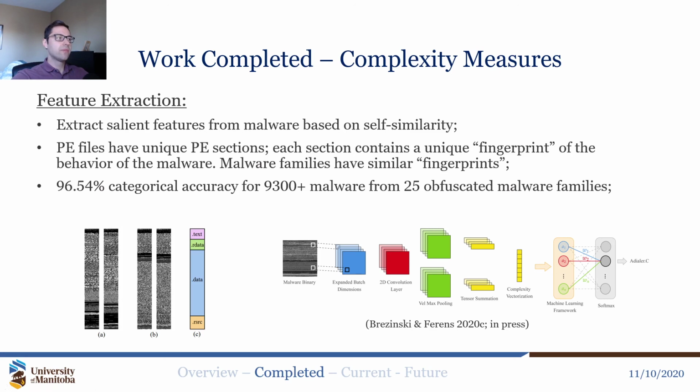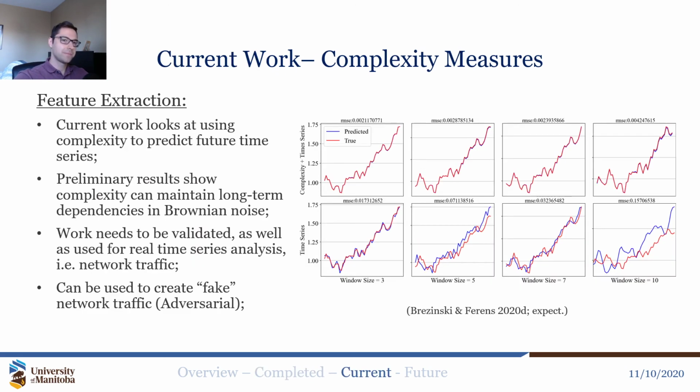We were able to achieve 96% plus categorical accuracy. And again, this is not binary accuracy with two different samples. This is categorical accuracy: it performed 96% on 25 families using a softmax layer. So that was our most recent completed work.